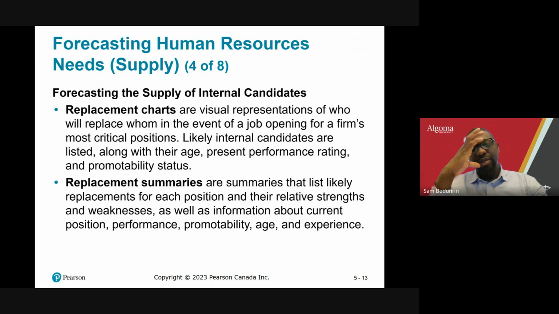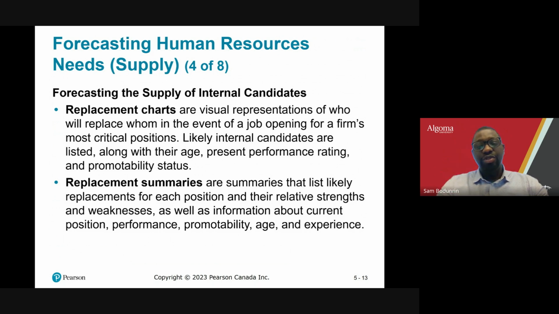Then we have replacement charts that talk about all the vacancies. It's a visual representation of all the vacant positions within the organization and when they need to be replaced, especially when somebody is retiring or resigning.